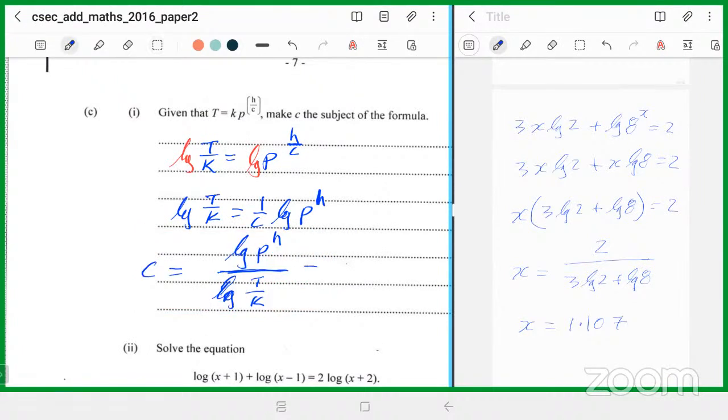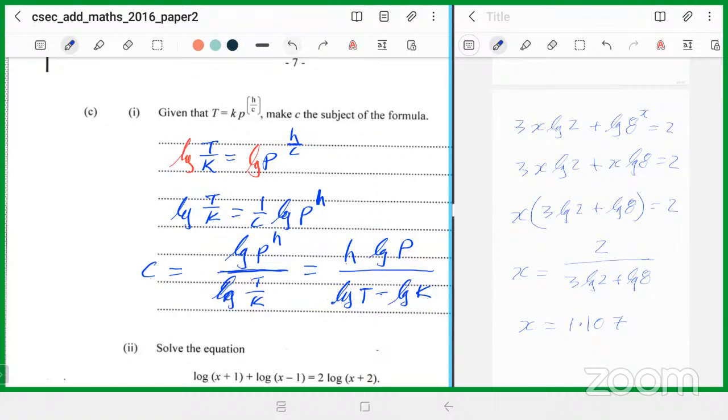So I could say equal to, I can put the h to the front and write h log of p over, and then this is the log of a quotient. It becomes the difference of the logs, the log of t minus the log of k. So this is the same as this.